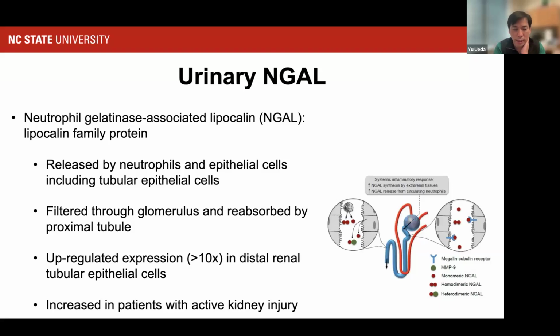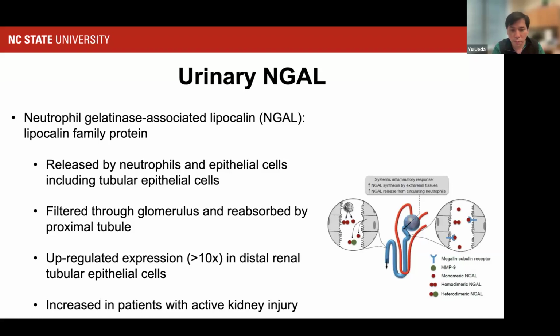And this protein is released by many cells, including neutrophils and epithelial cells, including renal tubular epithelial cells. These NGAL proteins are also produced in the systemic circulation.